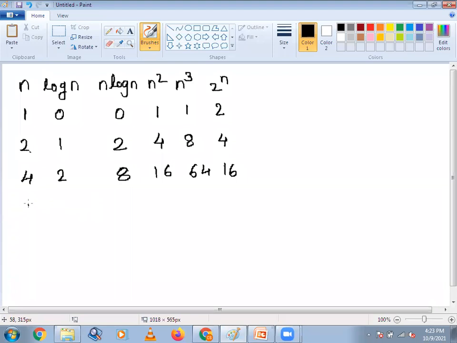Then here suppose 8, then log n is 3, n log n is 24, then n square, that is 64, n cube 512, then 2 raised to n, that is 2 raised to 8, that is 256.